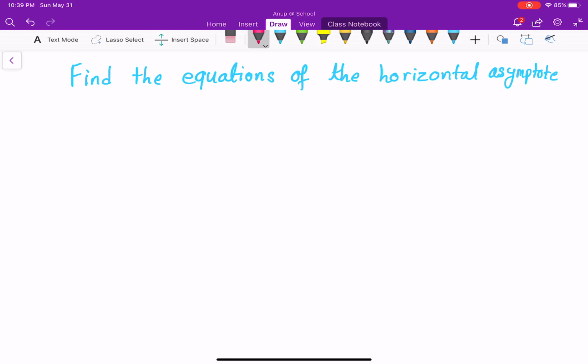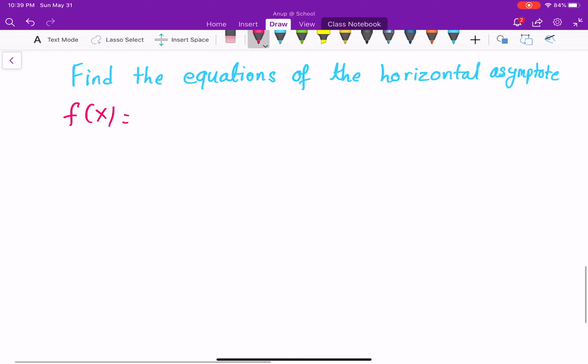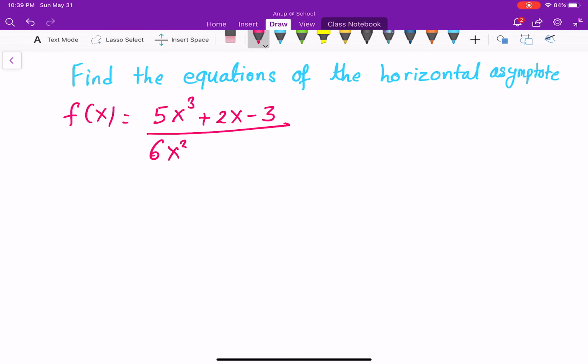All right, let's find the equation of the horizontal asymptote. Let's take one example where f of x is equal to 5x cubed plus 2x minus 3 divided by 6x cubed minus 7x plus 1. Our goal is to find the equation of the horizontal asymptote.